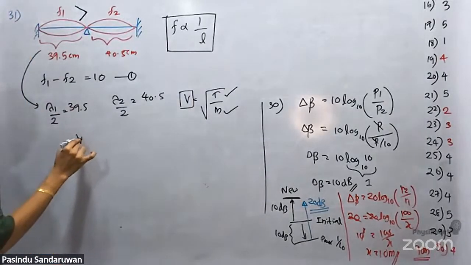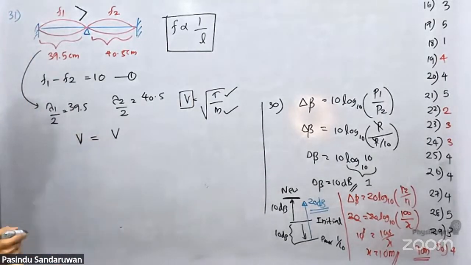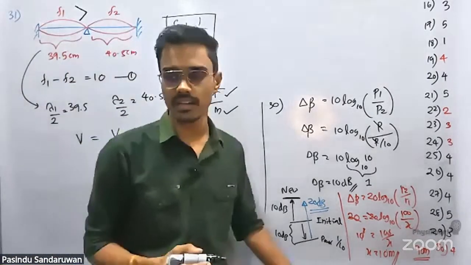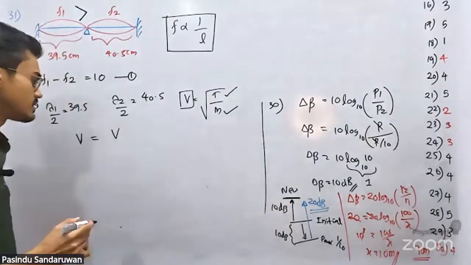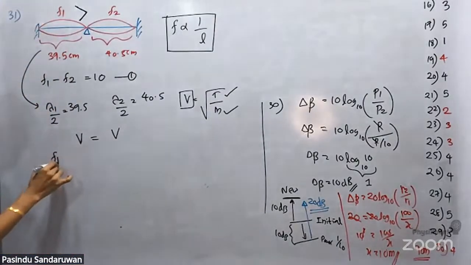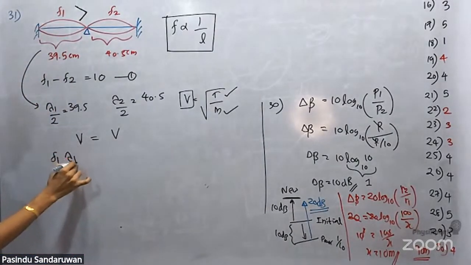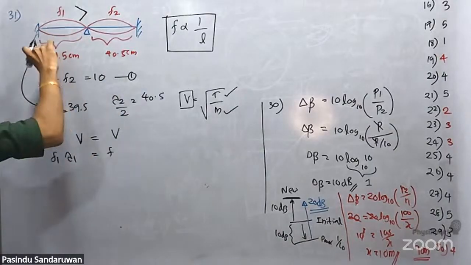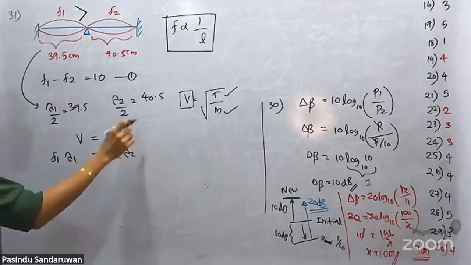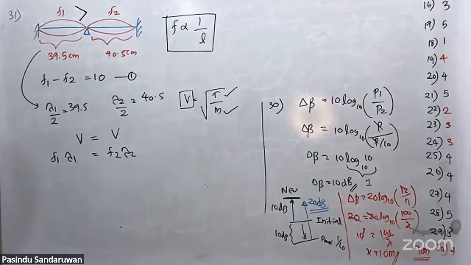Then what I can argue is, as V and V are same, velocity of both wires are same. Right? V equals F lambda. Then V is F1 lambda 1 from first wire, first side. Then F2 lambda 2 from the other side.